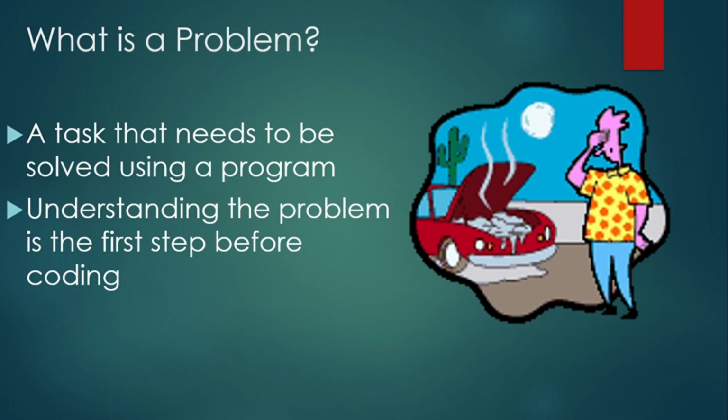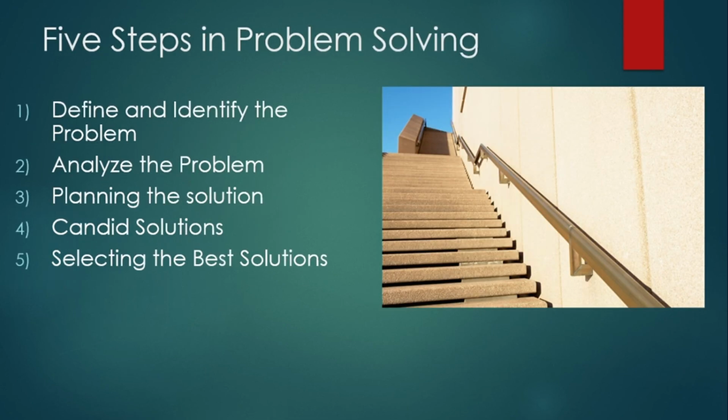Now, to solve any programming problem efficiently, we follow 5 main steps. Number 1, define and identify the problem. You need to know exactly what the problem is asking you to do. Number 2, analyze the problem. You think about what inputs are needed, what outputs are expected, and whether it is possible to solve this problem using a computer.